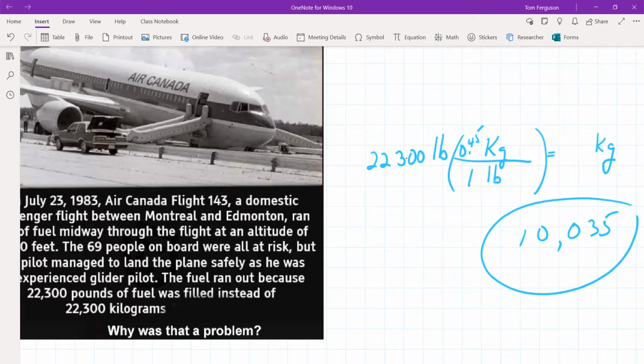It was a one-stepper because we had kilogram and pound in the conversion factor. But these kind of errors actually happen a lot. And that's why I wish the United States would switch over to the SI metric system as soon as possible, because we'd eliminate stuff like this.